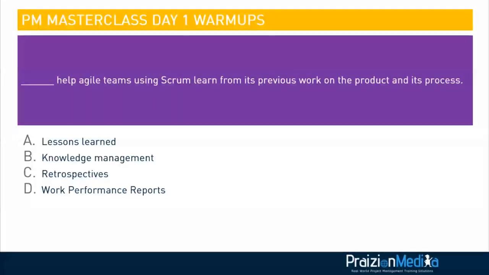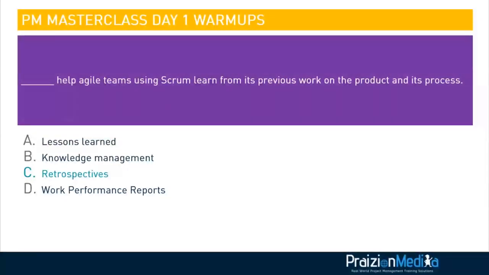Or is it D, work performance reports? 3, 2, 1. The best answer, according to the Agile Practice Guide, section 5.2.1, is retrospectives. Retrospectives help Agile teams using Scrum learn from its previous work on the product and its process.